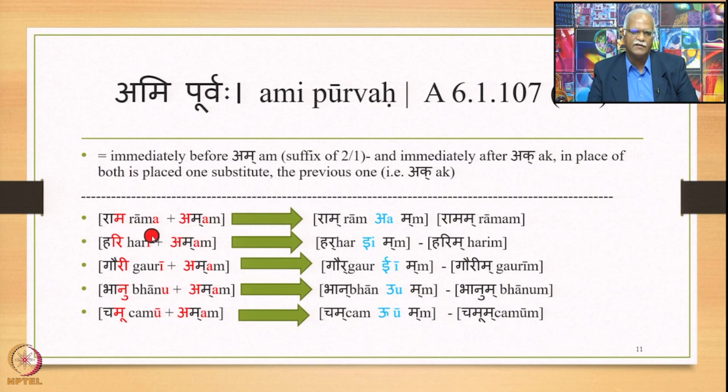In Rama comes at the end of it, in comes at the beginning of it. Since this is one pada, prakriti and pratyaya, so samhita is obligatory, and so in place of both of them, this sutra 6.1.107 applies and generates the output in the form Ram, and Ma, that is Ramam.